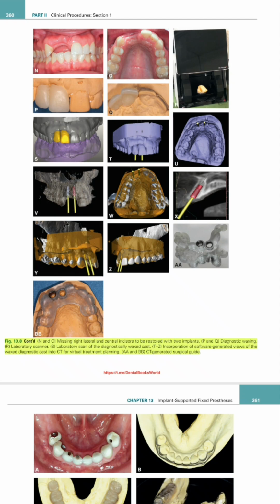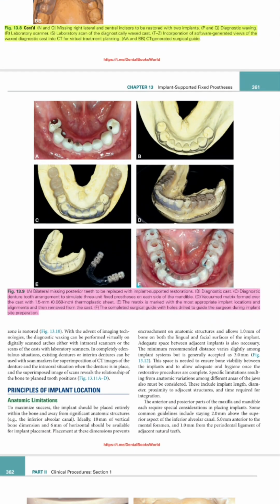We will see another way of doing these types of aids for implant location, where we have, in this case, bilateral missing posterior teeth. We did what is called a diagnostic cast. This is the first thing. Then we did a waxing where denture teeth were arranged to simulate the fixed 3-unit prostheses on each side.